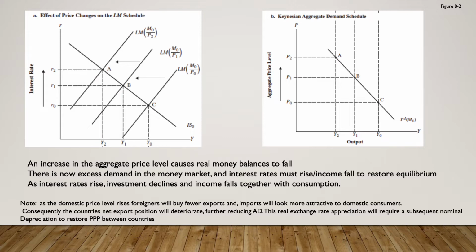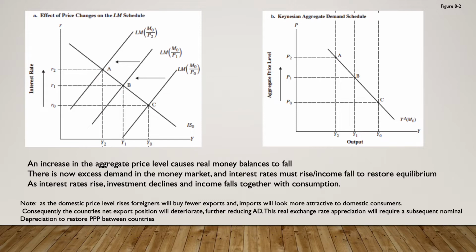Particularly, it would be factored in as a reduction in real money balances. So our initial equilibrium corresponding to point C on the aggregate demand curve is also point C in the ISLM model. Point C occurs at a level of income Y naught, consistent with our aggregate demand curve. The LM curve is consistent with money of M naught and a price level P naught, consistent with point C in the aggregate demand curve.